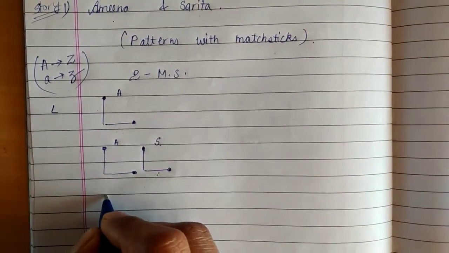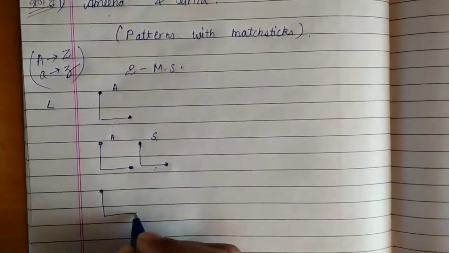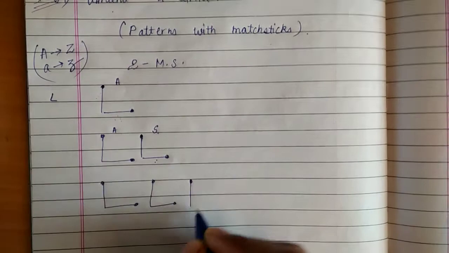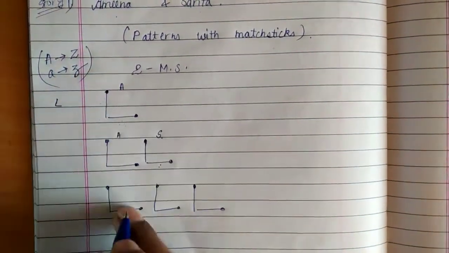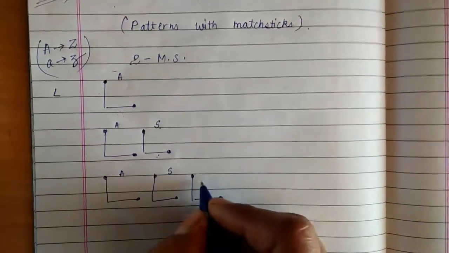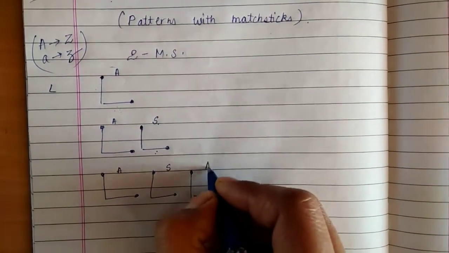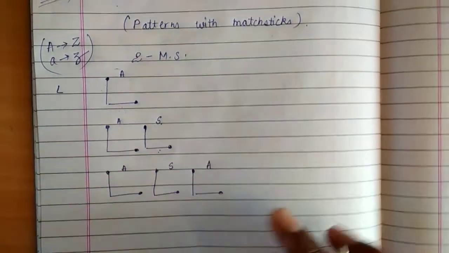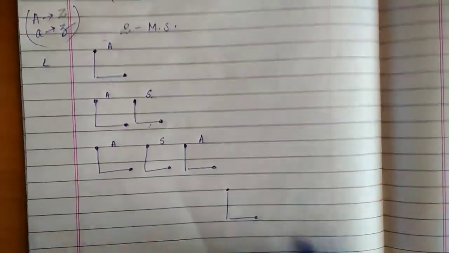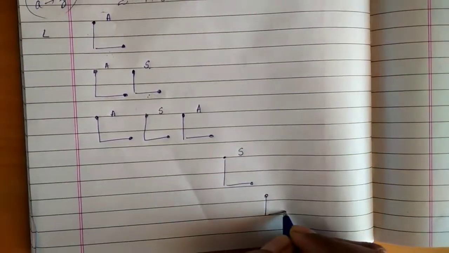Again Amina forms one more here. They are all the same. Amina, Sarita, and thirdly Amina comes again. Then again Sarita draws a fourth one, and then Amina comes.